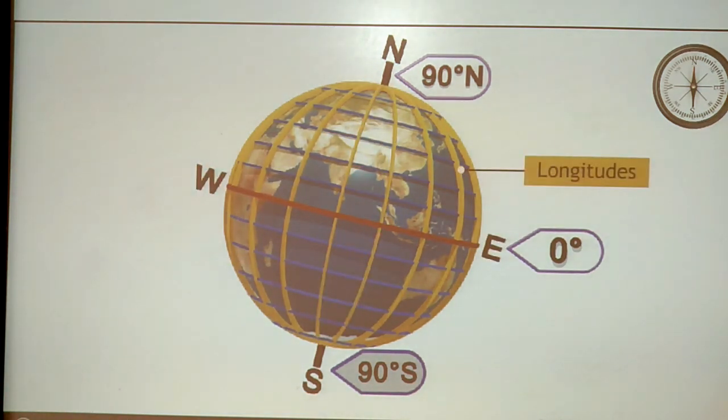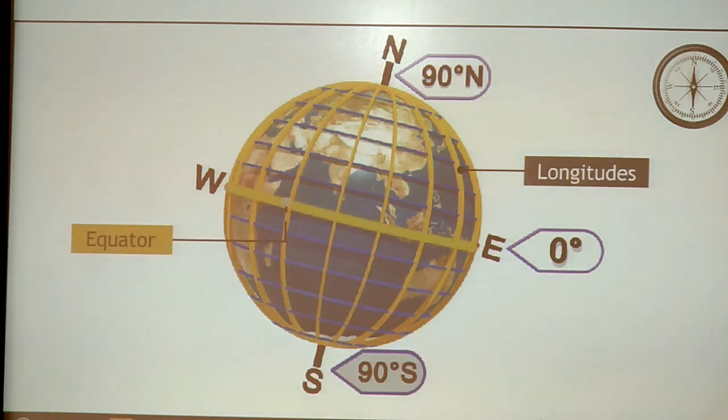Moving on, now you can see in the picture, the red or the highlighted line here, it is the equator.